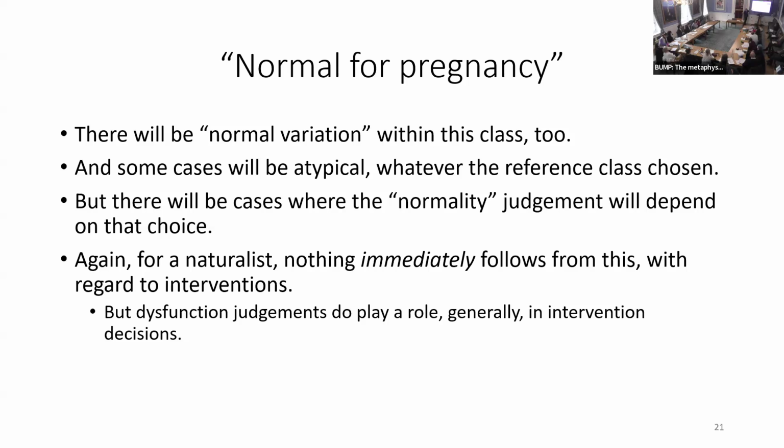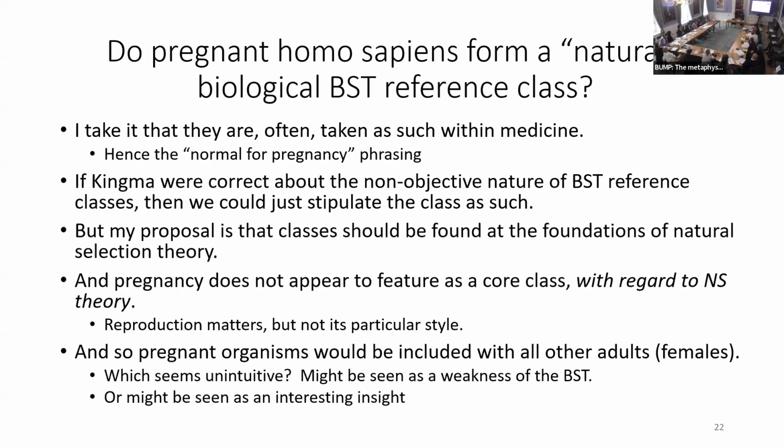But I take it that dysfunction judgments do play a role in intervention decisions. So this is where I'm not sure. Do pregnant Homo sapiens form a natural BST reference class? I take it they're often taken as such within medicine, and people do use the kind of phrasing normal for pregnancy.